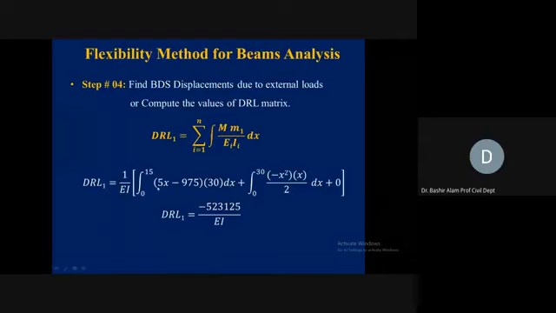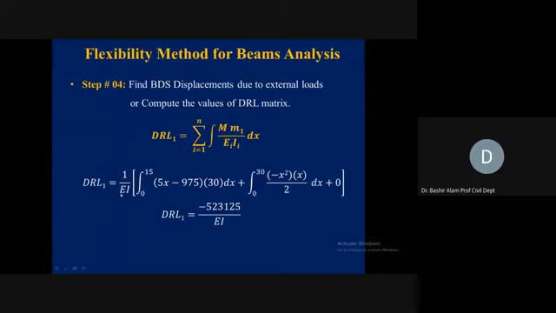For member 1, it was from 0 to 15, 5x minus 975 was the capital M value, and the small m1 was 30x. Then for member 2, the capital M was minus x square and m1 was x, divided by EI. The 2 comes from the fact that I was actually 2I.